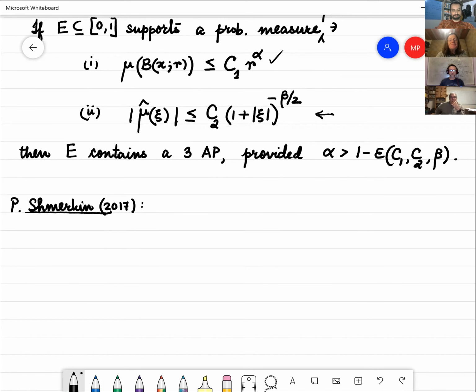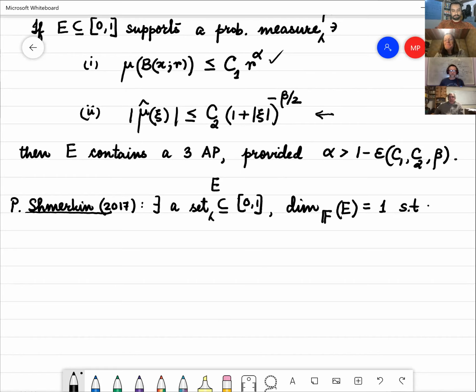In fact, there exists a set of full Fourier dimension, and I'll remind you in a moment what that is, although I know that there are many in the audience who know this, such that E avoids all three APs.